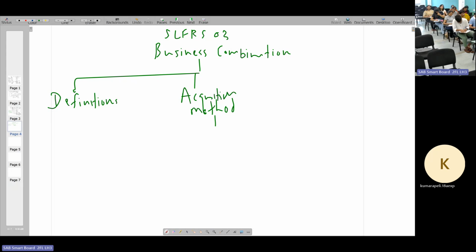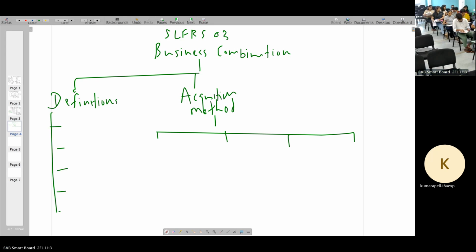This should be divided into 4. Right? Under definition, we'll write number 1, acquirer. Take 2 pages. That's the level. This is possible.